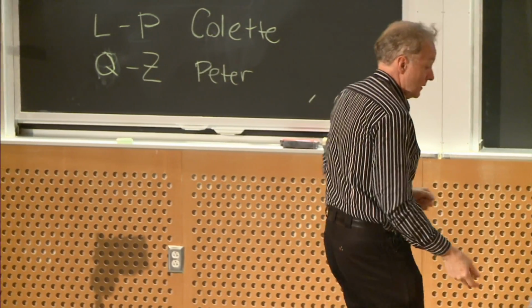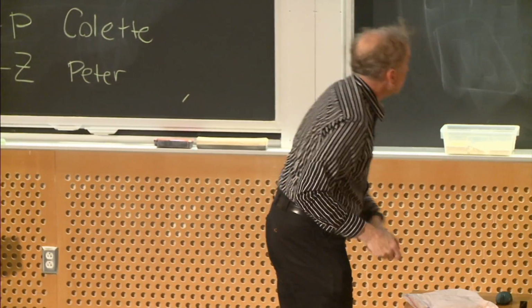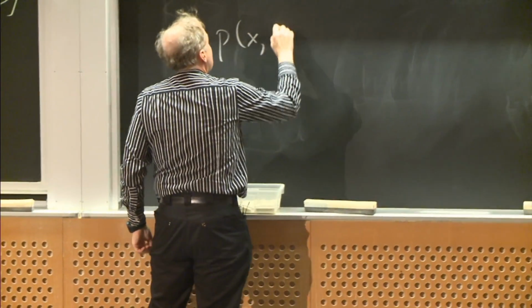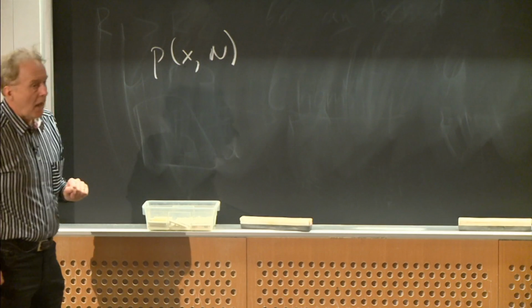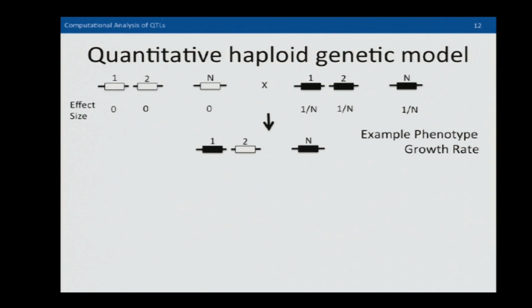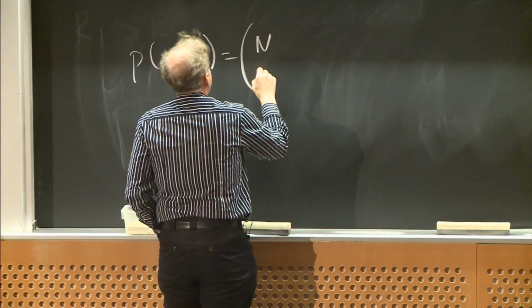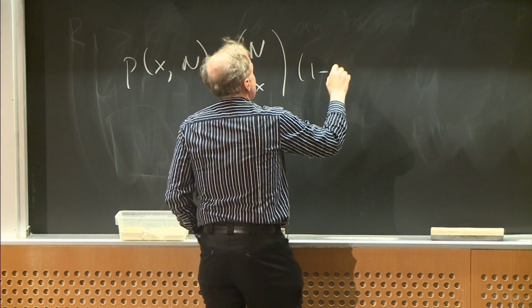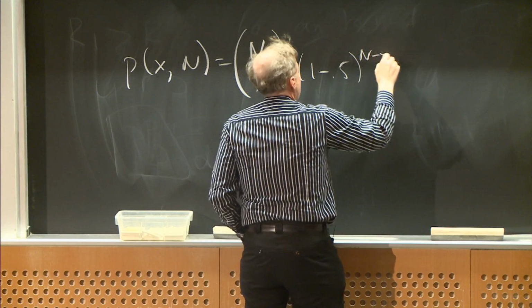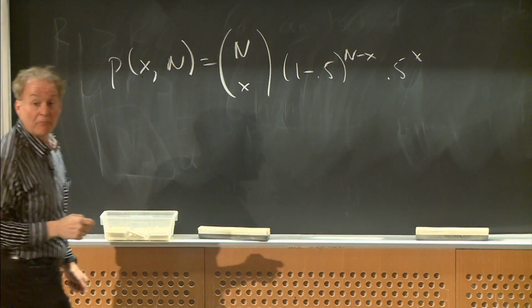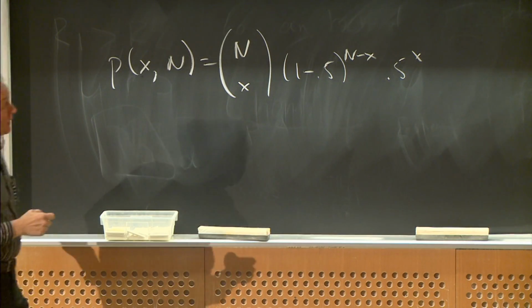And what is the probability that you inherit X copies of dad's genes? Well, it's n choose X times 1 minus 0.5 to the n minus X times 0.5 to the X. It's a simple binomial, right?